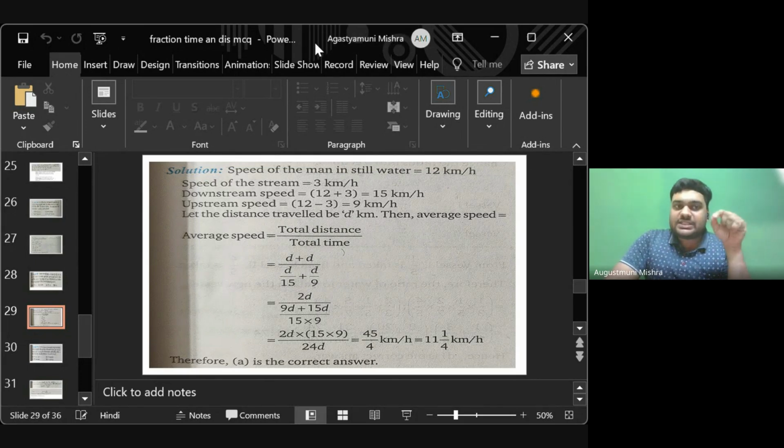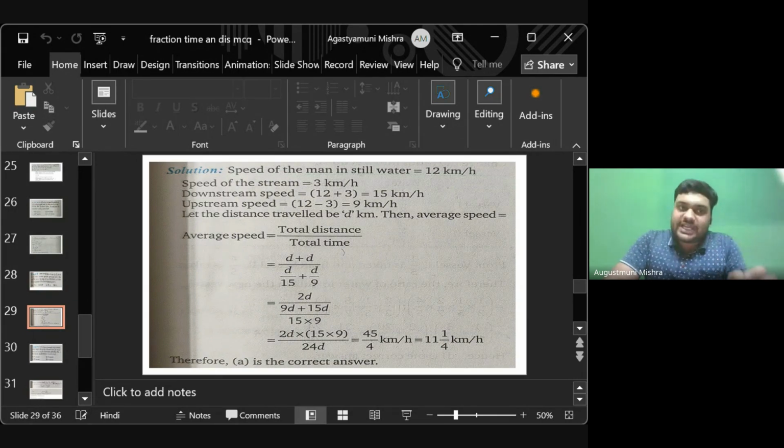In the upstream speed, when they are going upward, then the speed, whatever you are going to get, will be minus 3, because the speed of the river water is 3. Then you just subtract the speed. So that will be 9 kilometers per hour. So downstream speed and upstream speed you got.